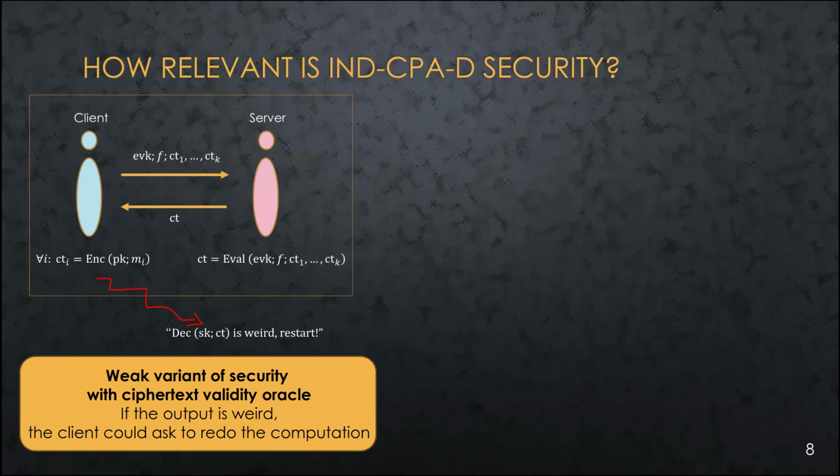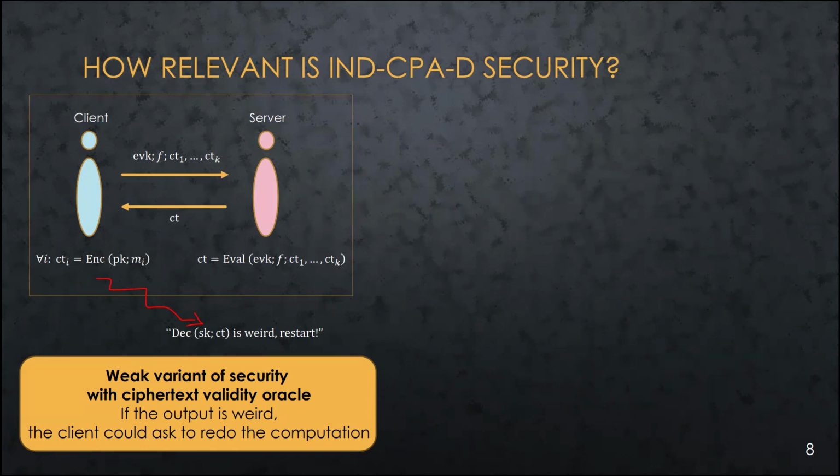You can think of a scenario where you have some kind of weak variant of security with a ciphertext validity oracle. Imagine that I'm delegating a computation to Amazon with FHE. Then Amazon sends me the result back.